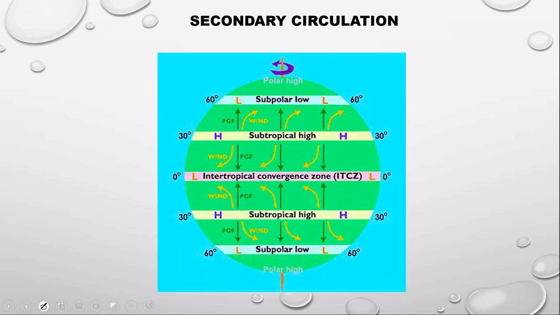Now, remember, when we are talking about secondary circulation, you have moved from the broader global circulation. You are now having chunks of the continents and chunks of the areas that are having specific types of belts and pressure zones.